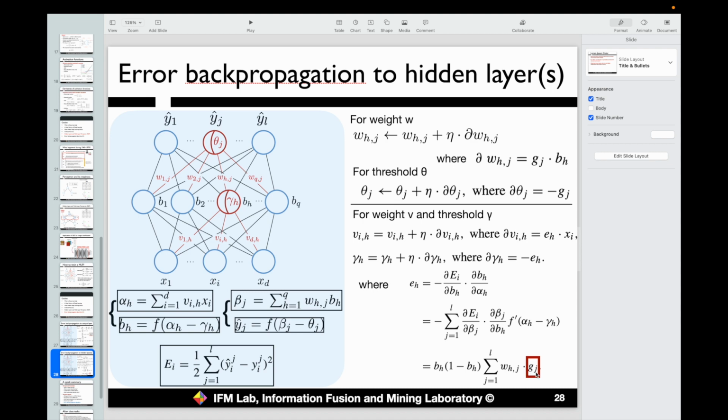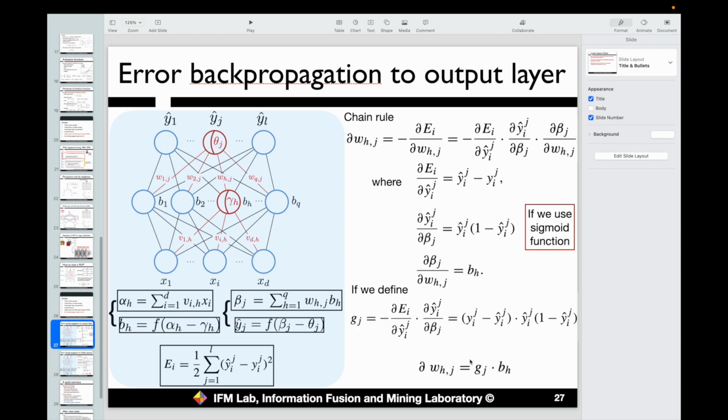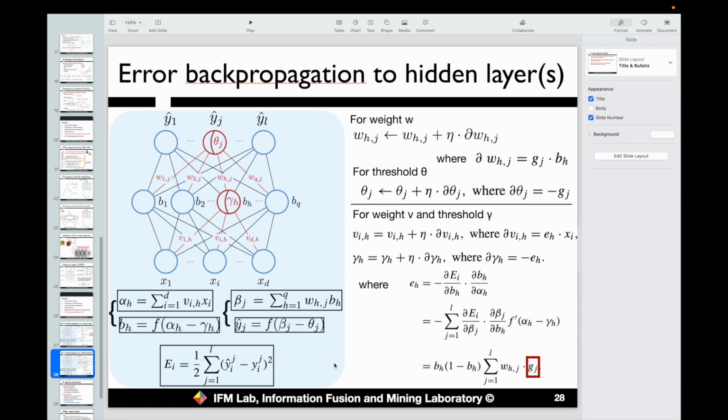You can see a very interesting part here, right? This b_h times 1 minus b_h is about the hidden neurons. This g_j is something we defined from the previous term, right? However, this g_j can be further reused for defining the e_h term, right?